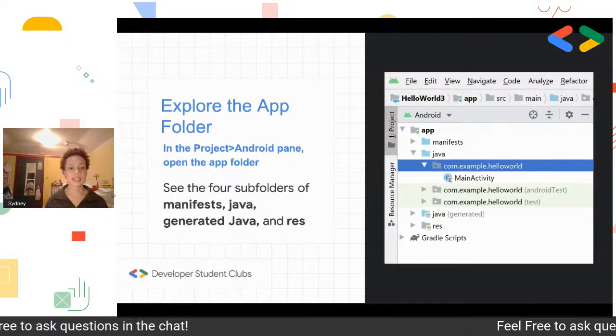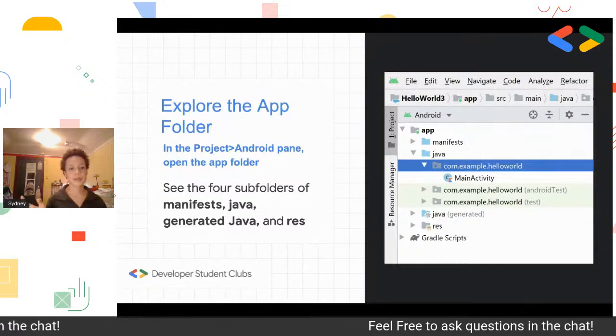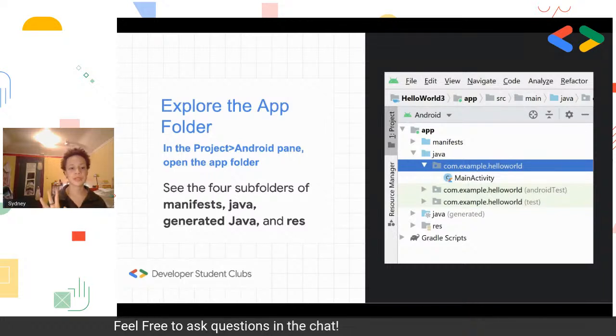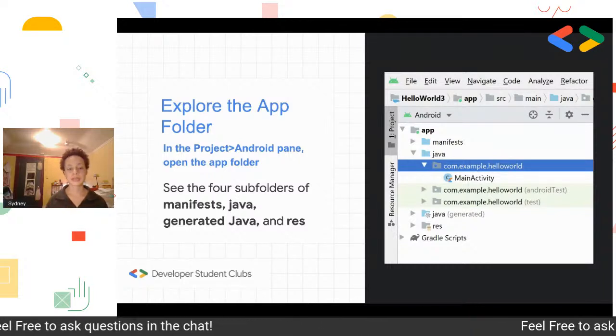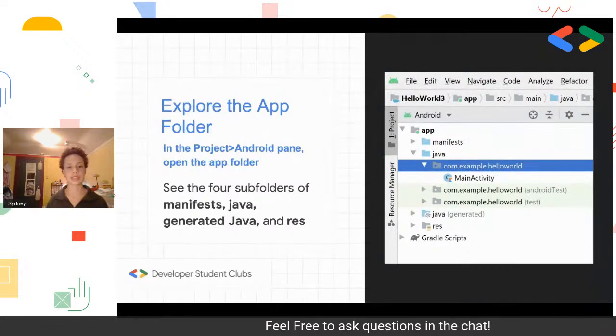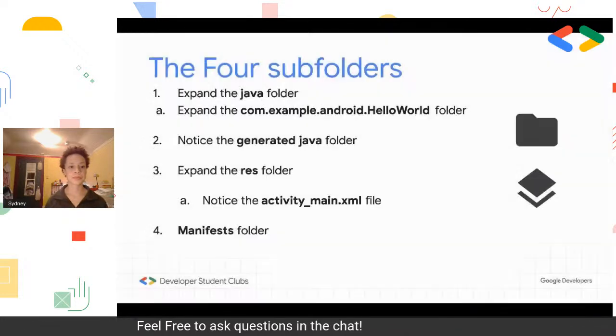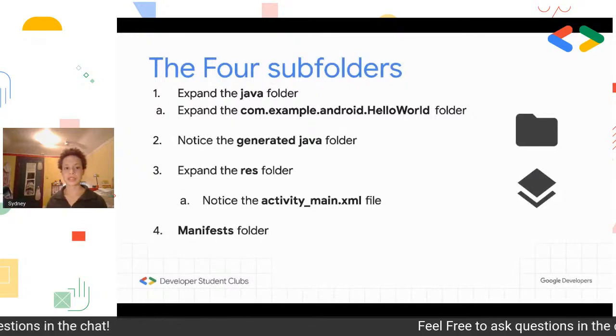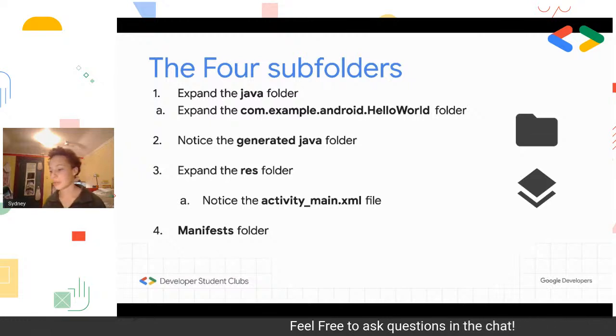Next thing we're going to look at is the app folder. In the same project Android pane, if you open up the app folder, you should see four subfolders called manifest, Java, generated Java, and res. I'll go over those in a little detail. First, expand the Java folder.